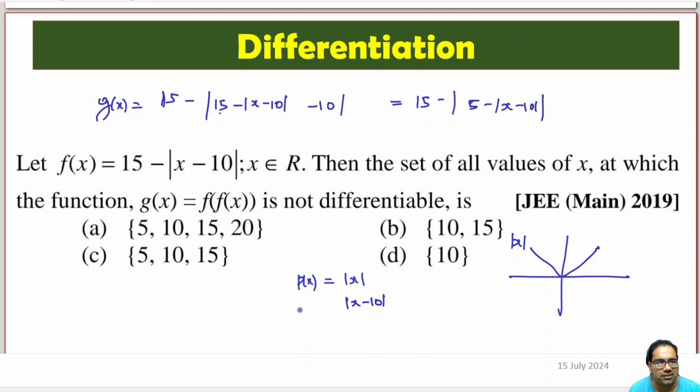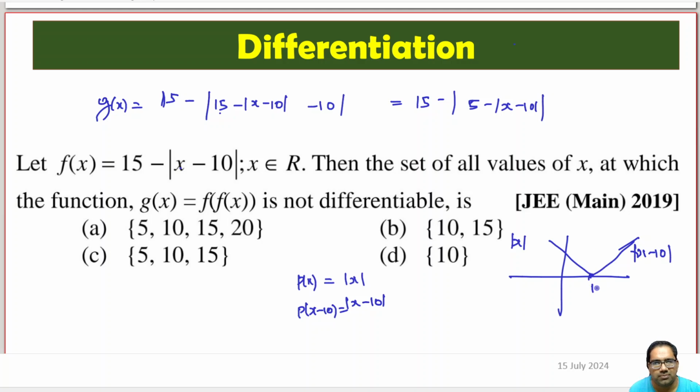P of x equals this, then p of x minus 10 is this. What does that mean? P of x minus 10 is p of x shifted 10 units towards the right side. So this is absolute value of x minus 10.